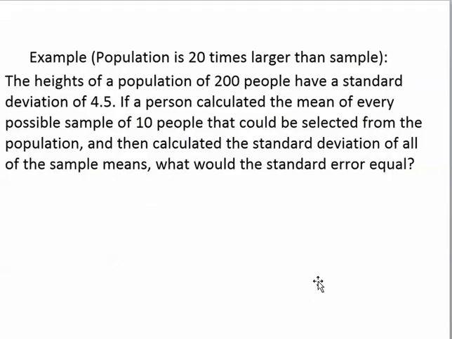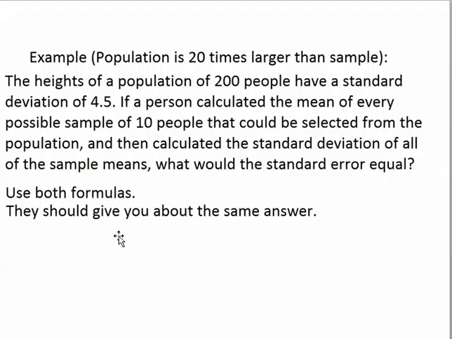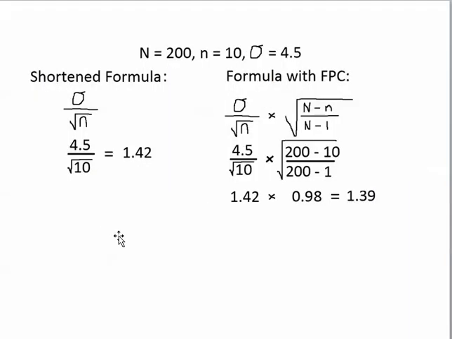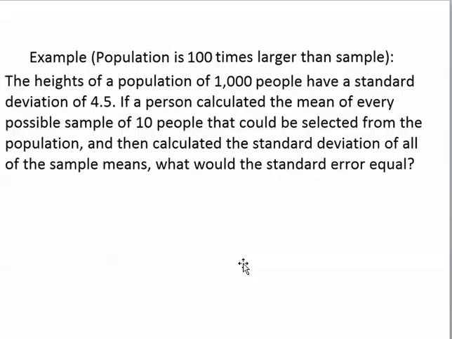So here's an example. If we had a population of 200 people, that population has a standard deviation of 4.5. And we're talking about the means of all possible samples of 10 people. This population size is 20 times larger than the sample size, which would mean that if we used both formulas, we would see that they both give about the same answer. So it really doesn't matter which one we use in this situation.